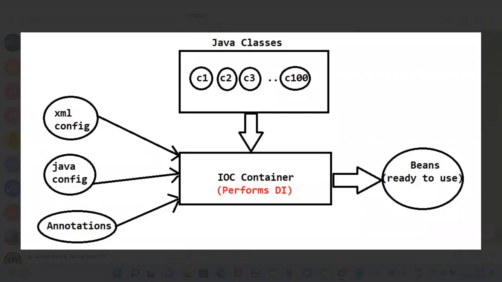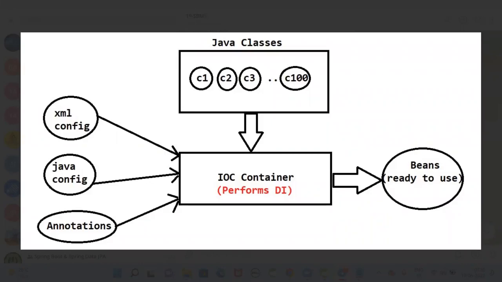With XML configuration, we can tell the IOC which classes it has to manage, which is a target, and which is a dependent. That information we need to provide for IOC, because in our application hundreds or thousands of classes are available. IOC doesn't know which is a target, which is a dependent, and how to perform dependency injection.